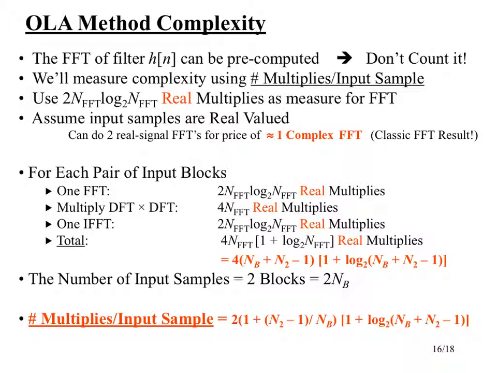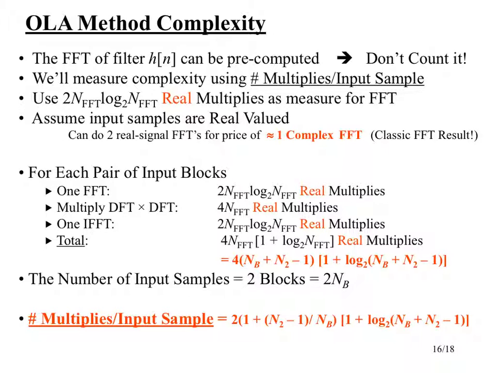I could just as easily have done this as number of multiplies per output sample, and I would do it in a similar kind of way, but sometimes it's more convenient to reference complexity versus input sample rather than each output sample. So that's how we're going to measure it, and we're only going to count multiplies, which is a common thing.